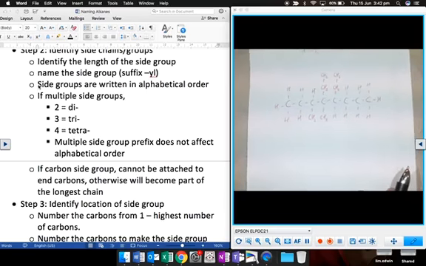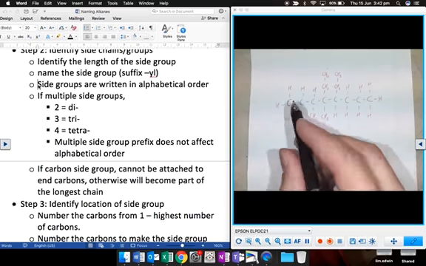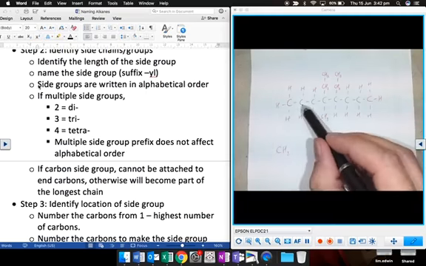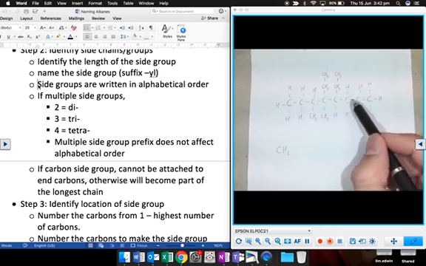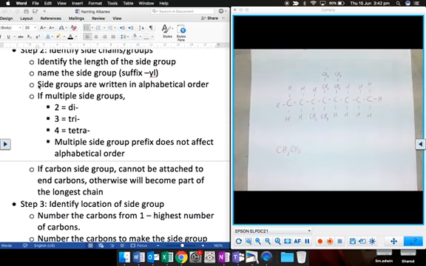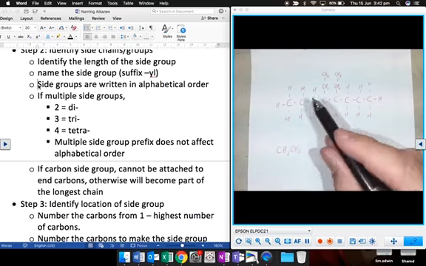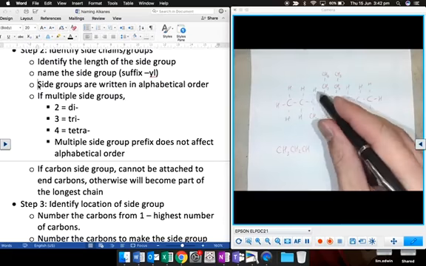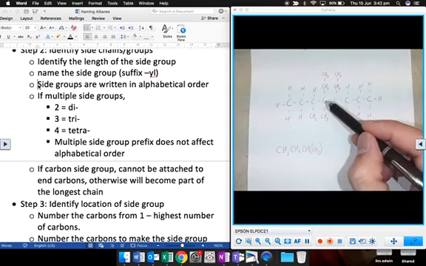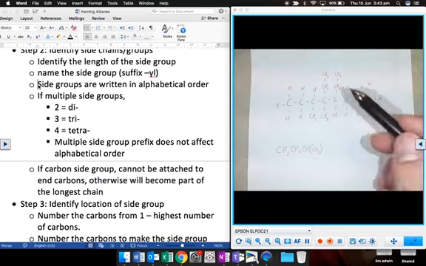Now we have to do our condensed structural formula. So, start here, CH3. This here is all by itself. There's no CH2s next to it, so I have to write this one out by itself, CH2. C, H, bracket CH3. Now you see there's 2 side groups attached to this carbon here.